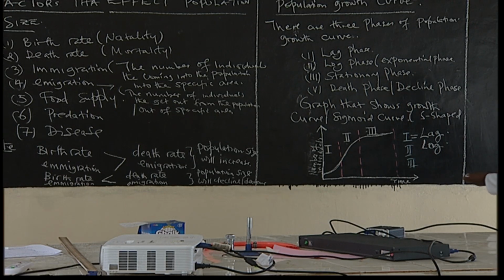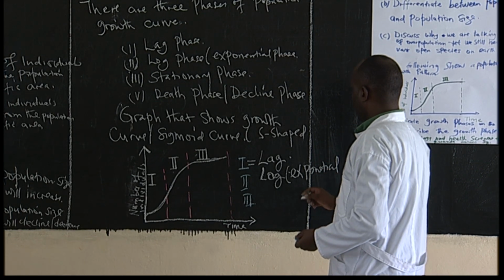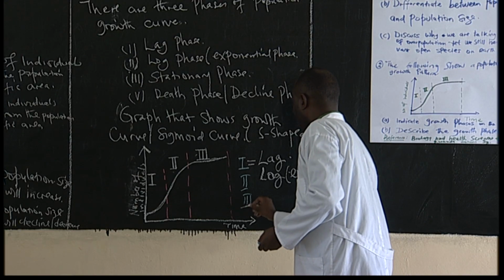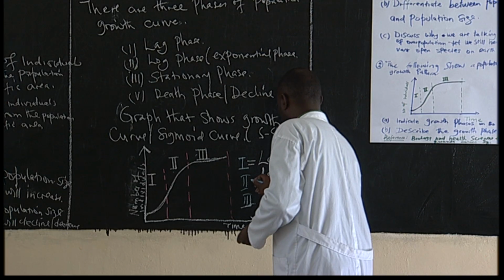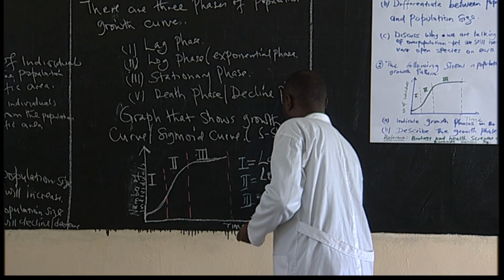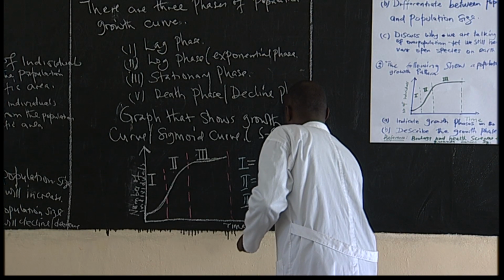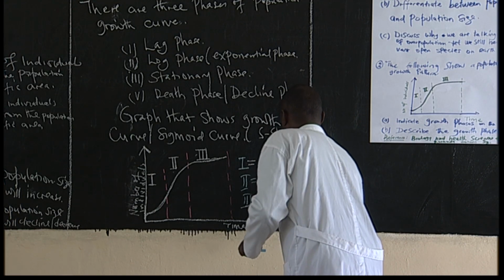Sometimes you call it exponential, the exponential phase. Then phase 3, we call the stationary phase.